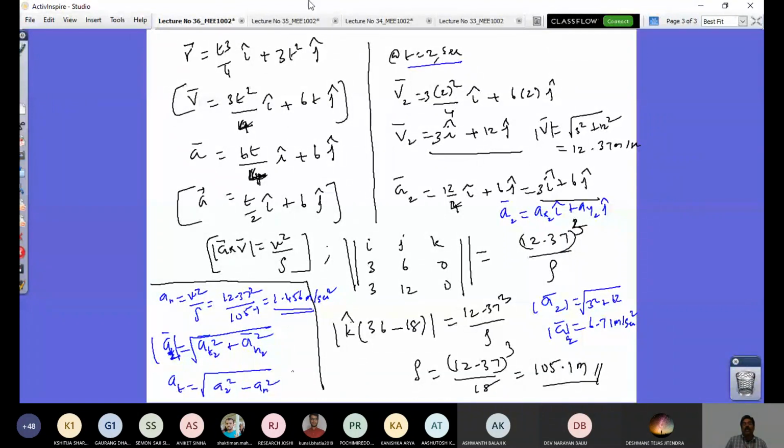That's going to be 6.71 squared minus 1.456 squared, and the square root of the answer is 6.548 meter per second square, which is my a_t.